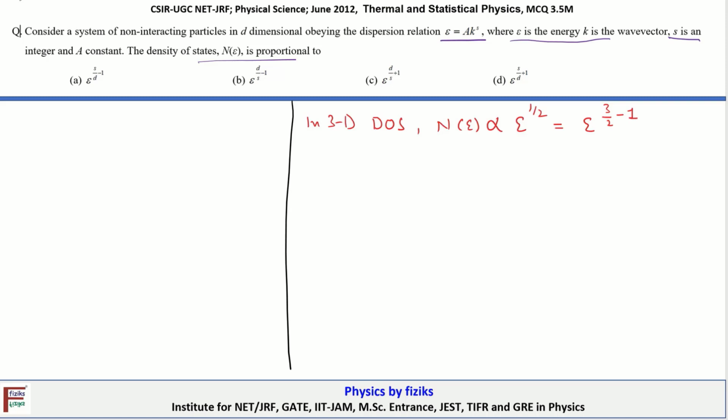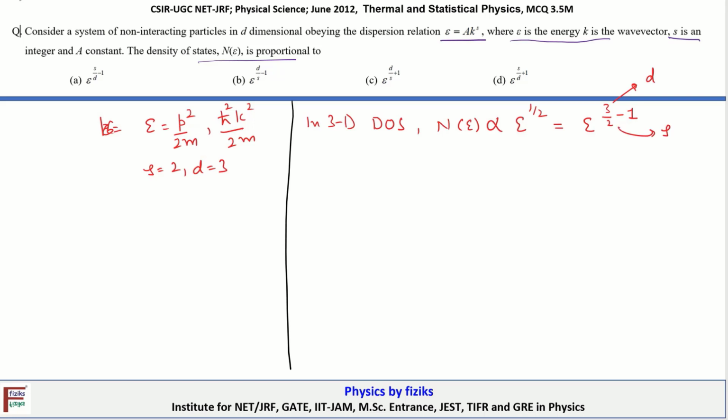Note that this density of states expression is valid for the dispersion relationship E equal to p square by 2m, or h cut square k square upon 2m. That's for the non-relativistic particle. So here for the three-dimensional system, S is equal to 2 and D is equal to 3. You can make a comparison between D and S here.